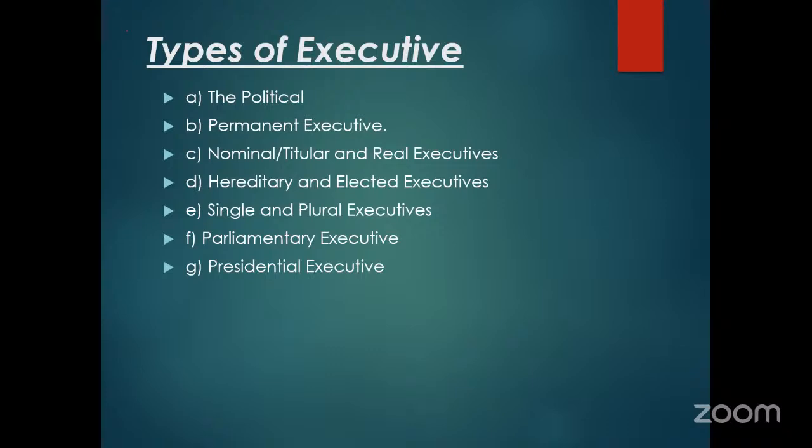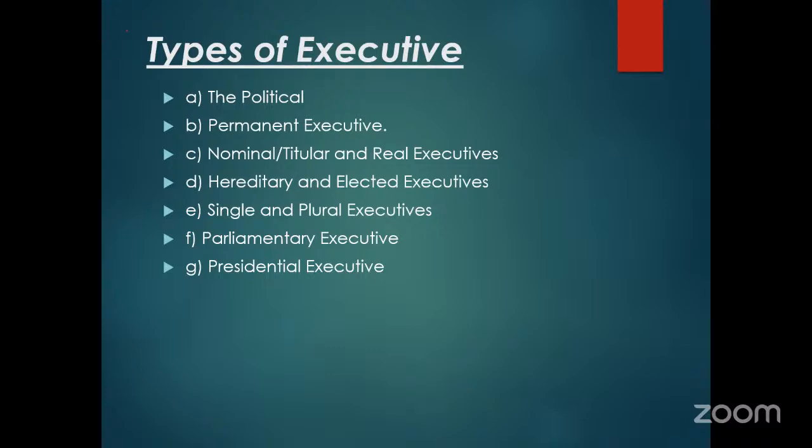Next, coming to hereditary and elected executives. What does it mean? Hereditary executive means when the executive assumes office by the law of hereditary succession. When the executive is directly or indirectly elected by the people for a fixed period, it is called an elected executive.